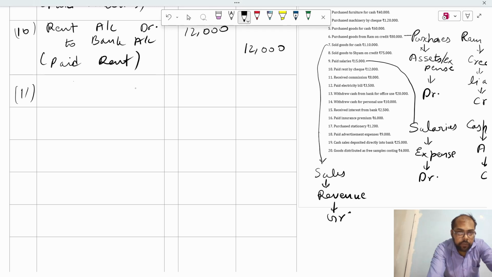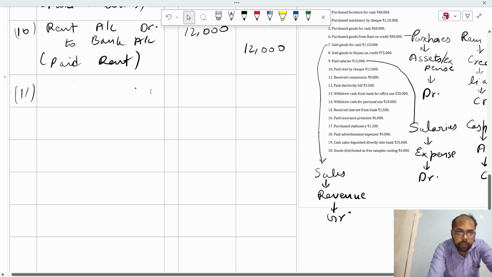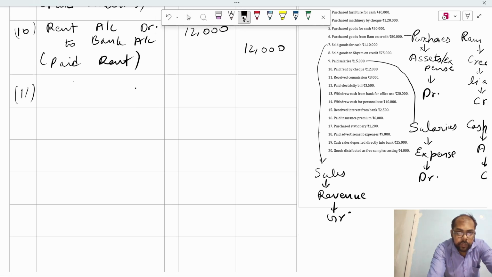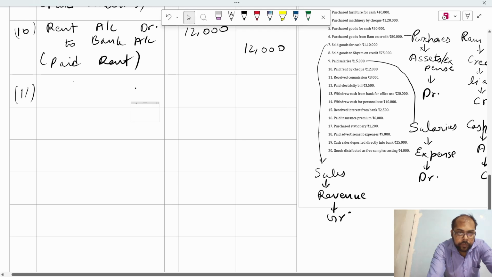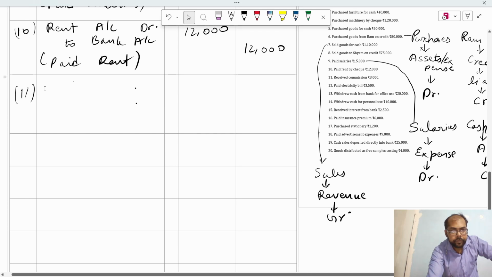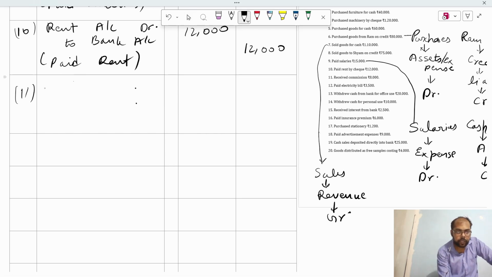If it is received in cash, then cash account will be debited to commission account. Why?